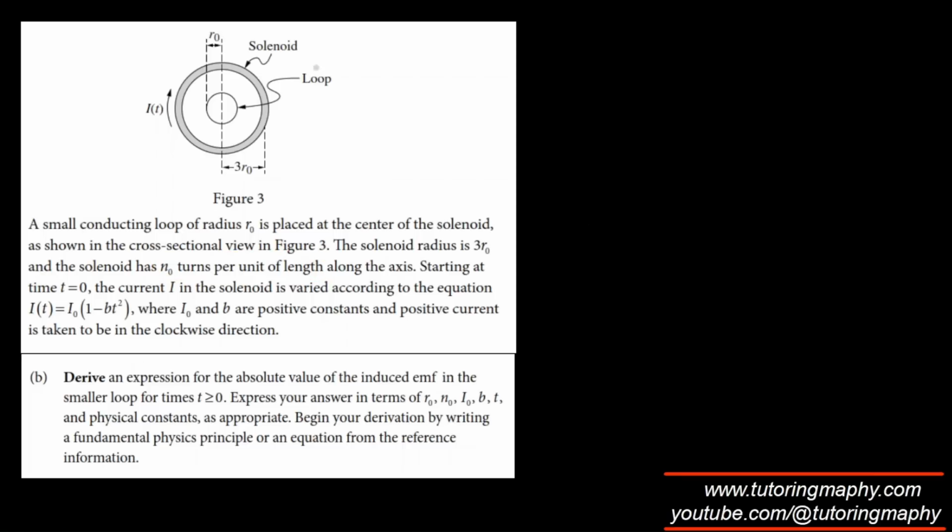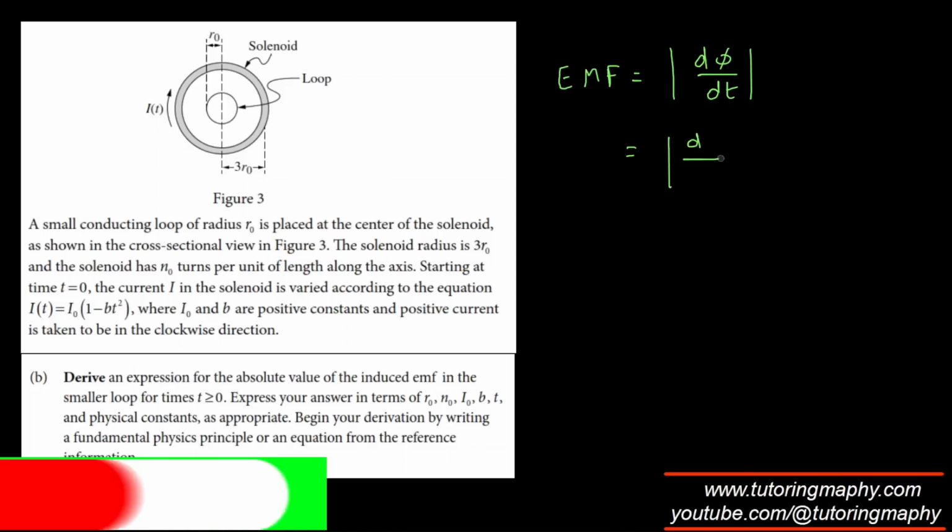So we know that if you want to find the EMF, then as per Faraday's and Lenz's law, I'm just interested in the magnitude, so I will put the absolute value of d phi over dt, where phi is the flux.